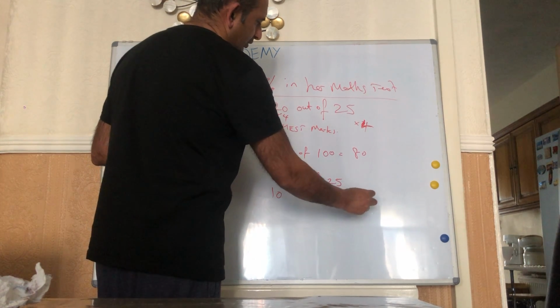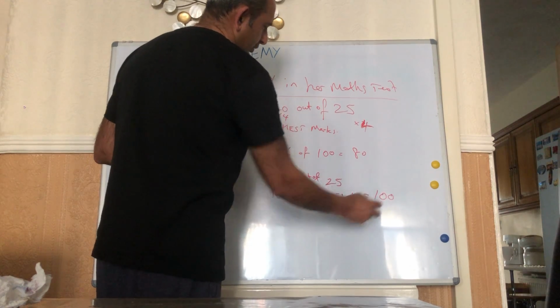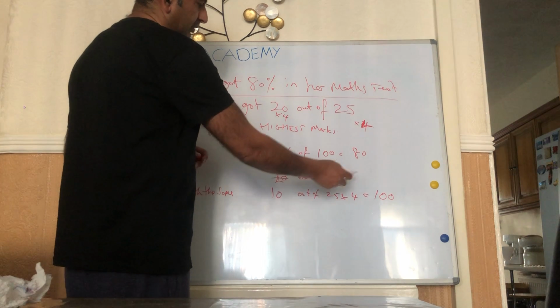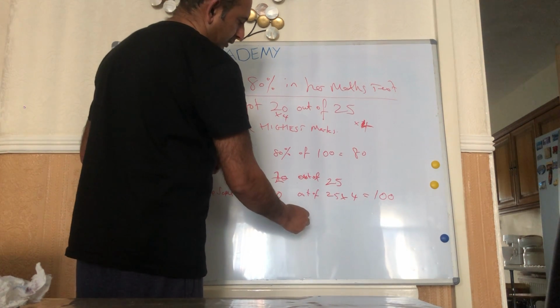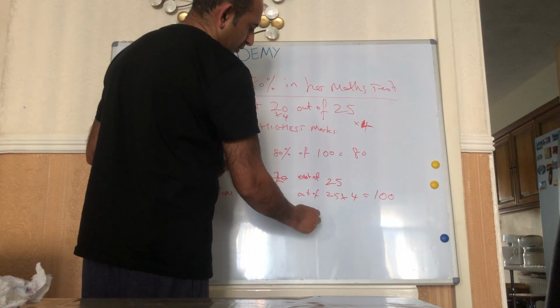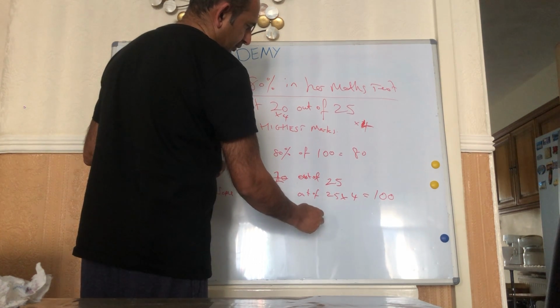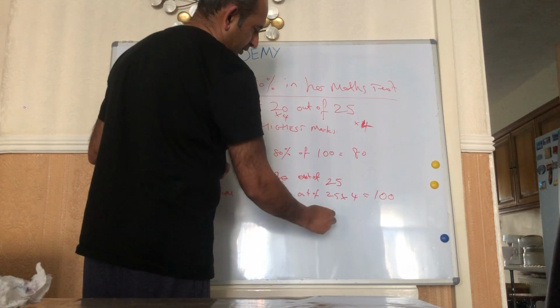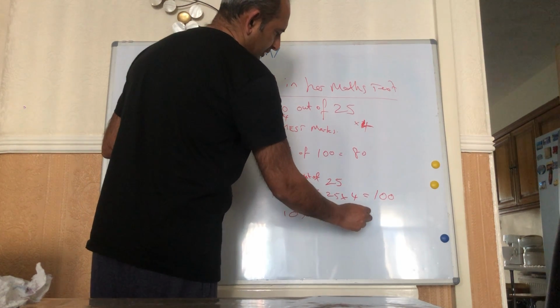Times by 4 equals 100. And now because this is half, we're doing 10% of 100. 10% of 100, or 10 marks out of 100, equals 10. So 10% of 100 equals 10.